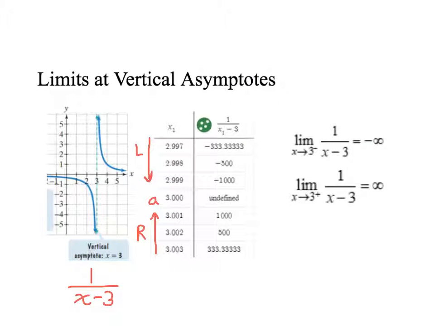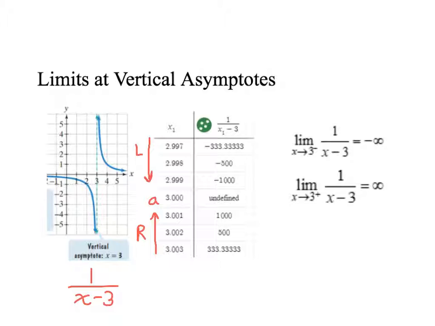Before we start having you make your own tables, we're going to review what we already learned about asymptotes, because remember, asymptotes are imaginary lines that the graph approaches but does not touch or cross.